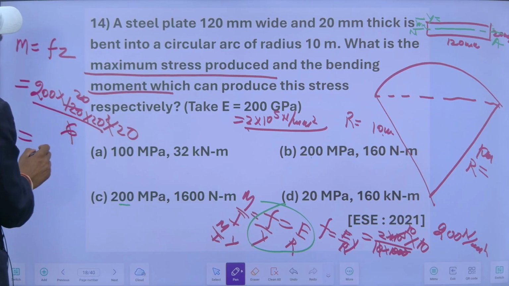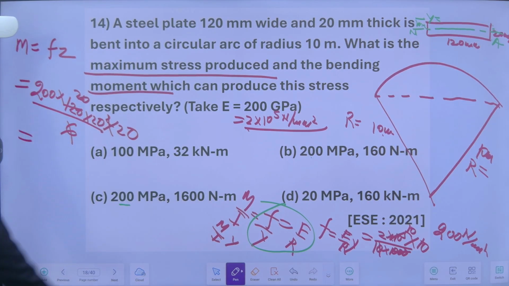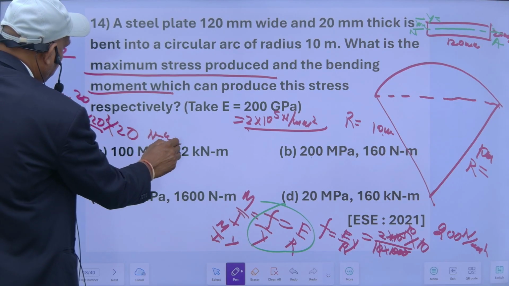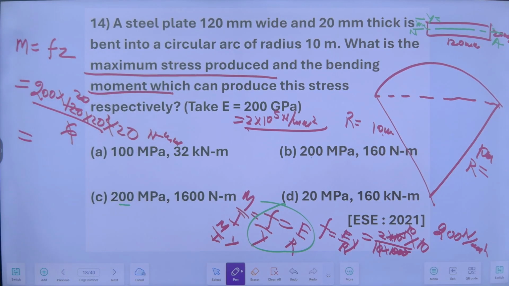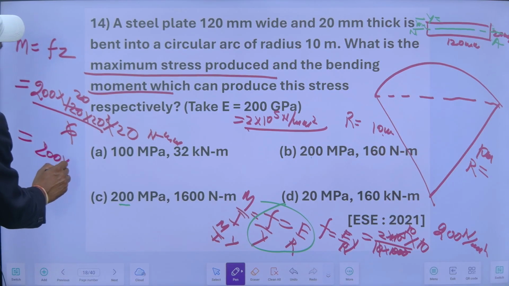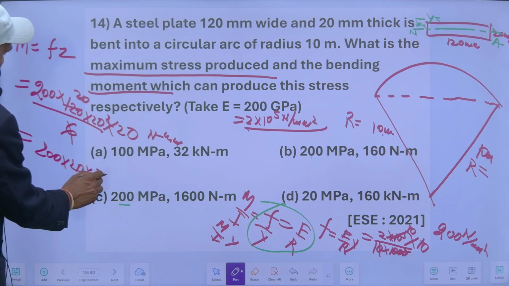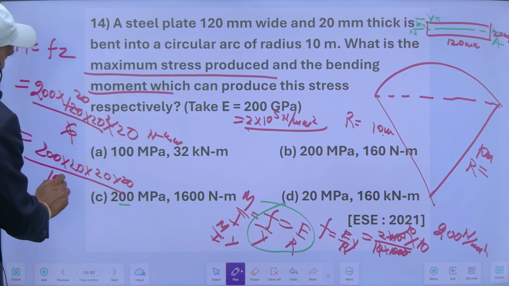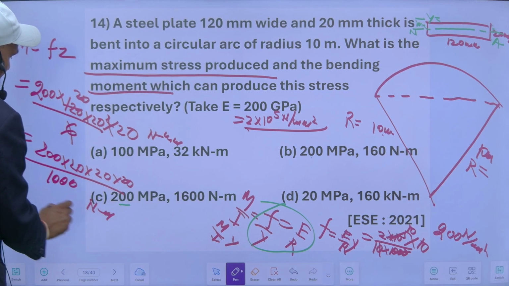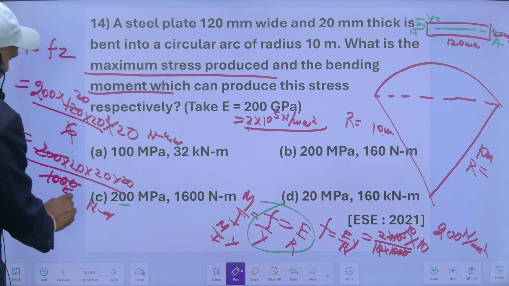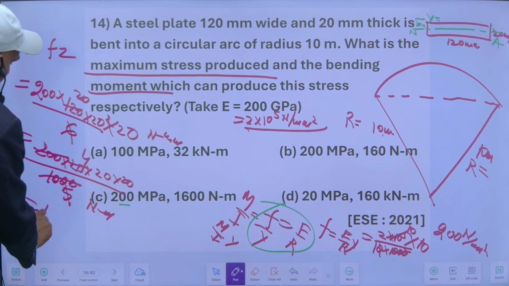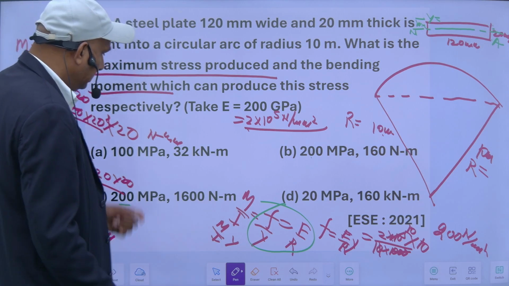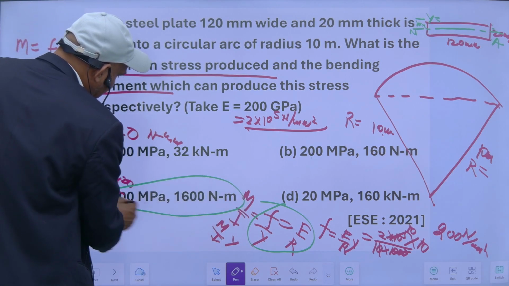This will be in Newton mm. When I multiply and divide by 1000, it will give Newton meter. So this will be 1600 Newton meter, meaning this one is the right option.